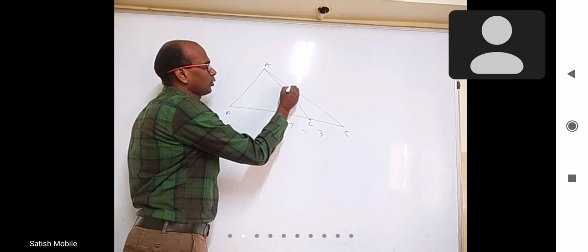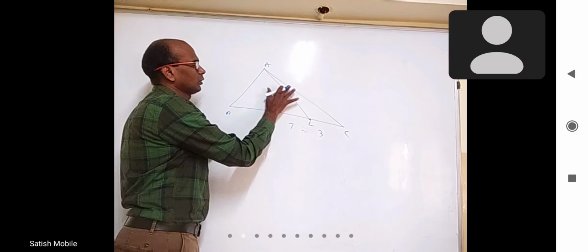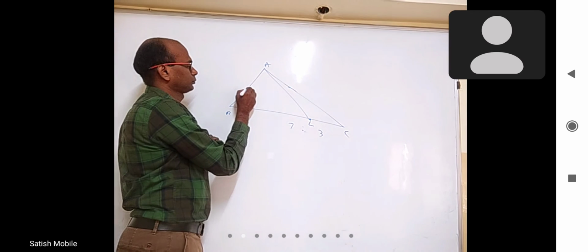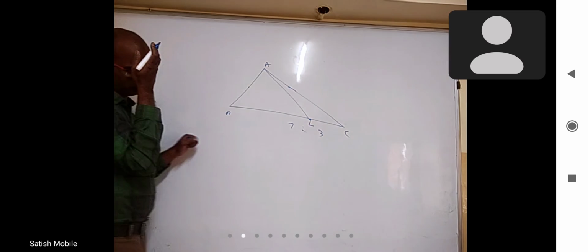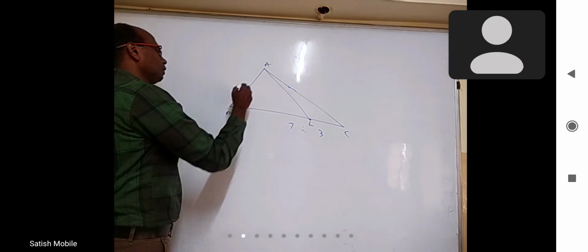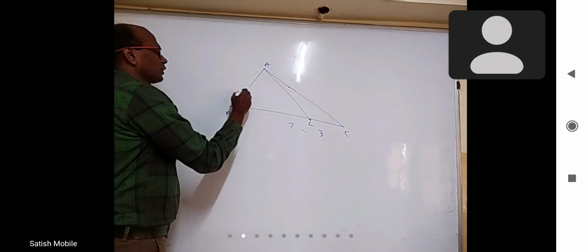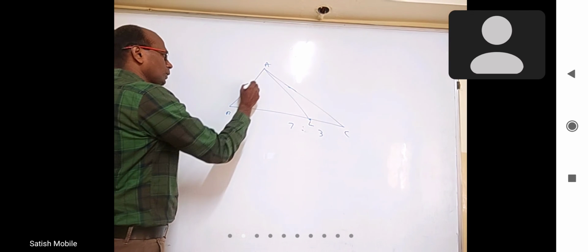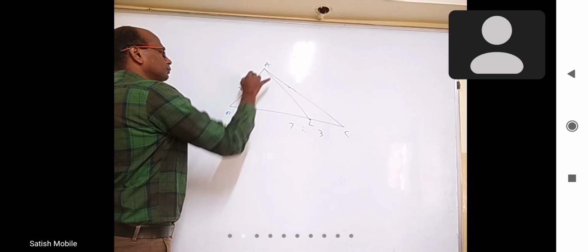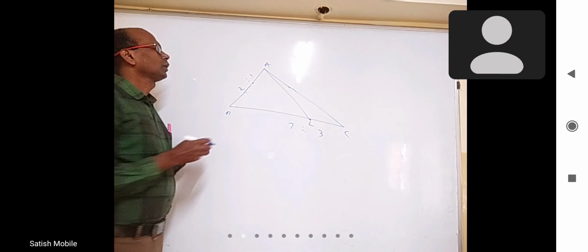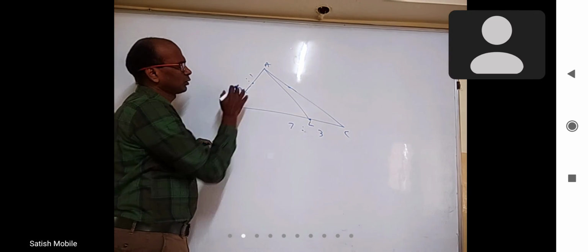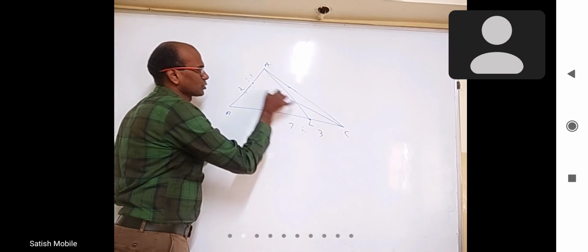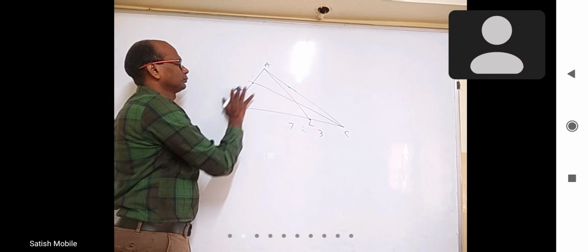Take another point here or here, no problem. Let us say the ratio is 2:1. Any ratio, 3:1, 5:1, 9:2, take it and join to this. I will call that M.